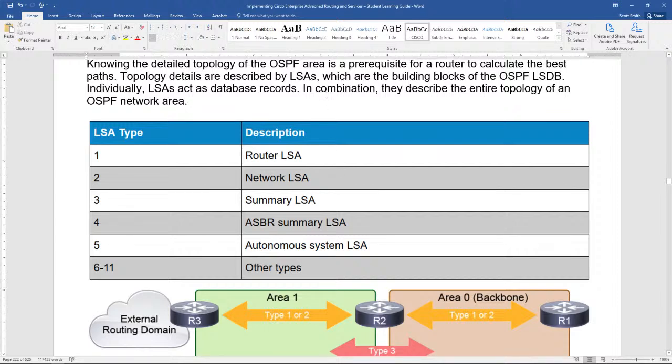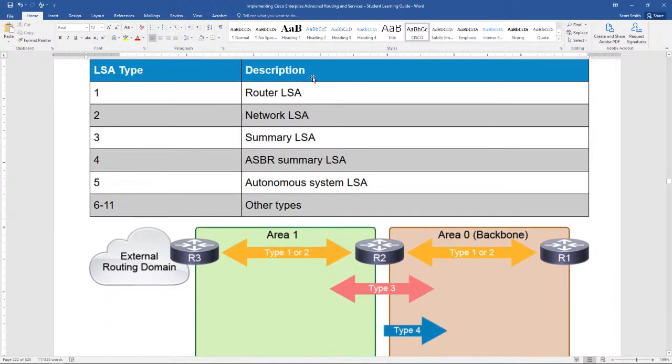The ultimate goal, of course, is to advertise reachability information, or what we call network layer reachability information, to all of the routers in our topology. And typically with other routing protocols like EIGRP or RIP, we're basically advertising prefixes and next hop addresses and exit interfaces. But these different LSA types in OSPF have different kinds of meanings. So for example, a router LSA is generated by specific types of routers in our network topology.